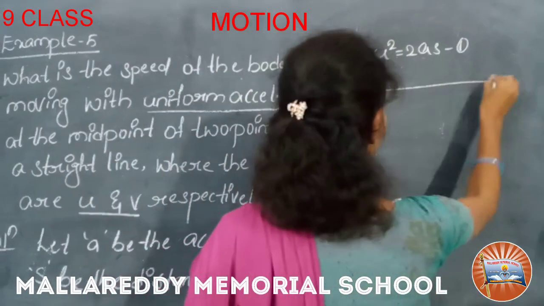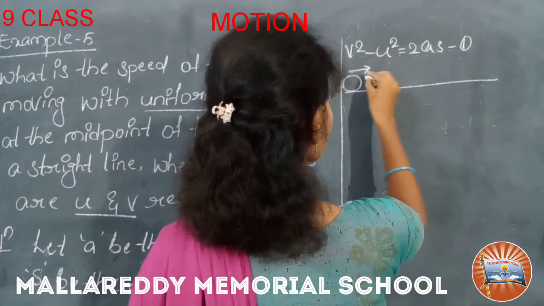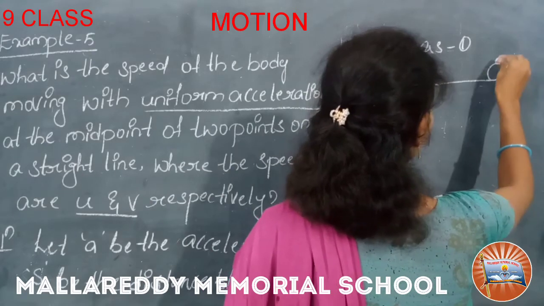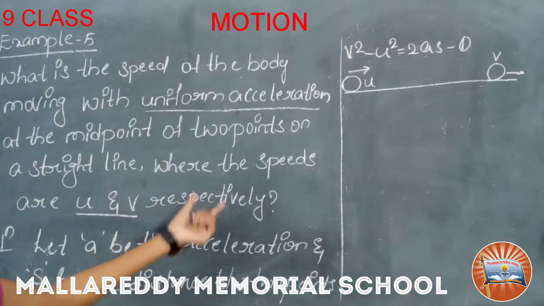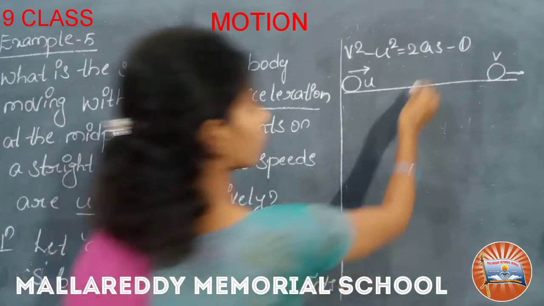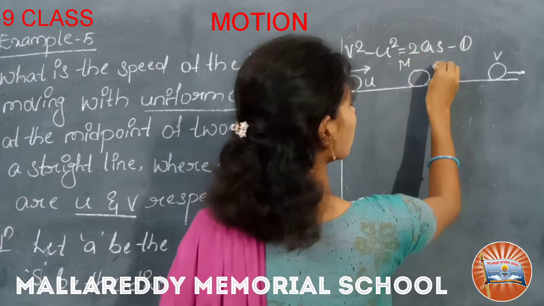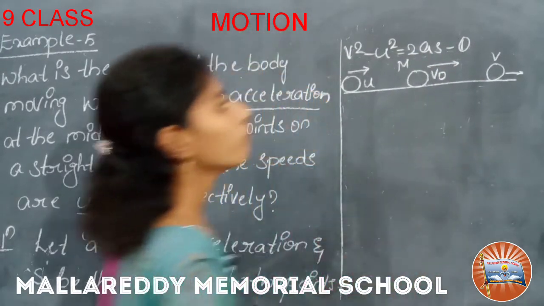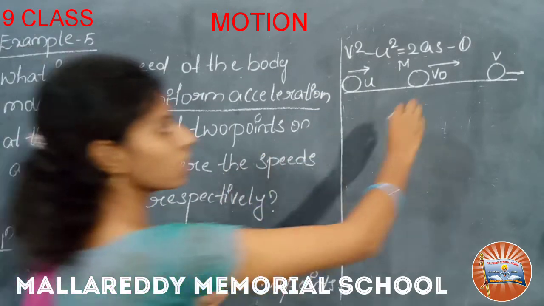So here I want to draw the diagram. So this is the u initial velocity and this is the v final velocity, right? So they are given the speeds u and v. Between these two, the midpoint, I am assuming the speed there is v naught. We have to find the speed of the midpoint on this straight line.